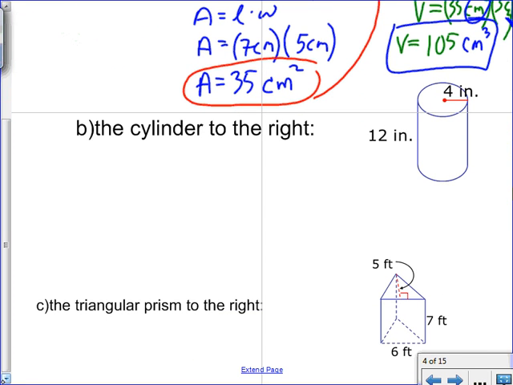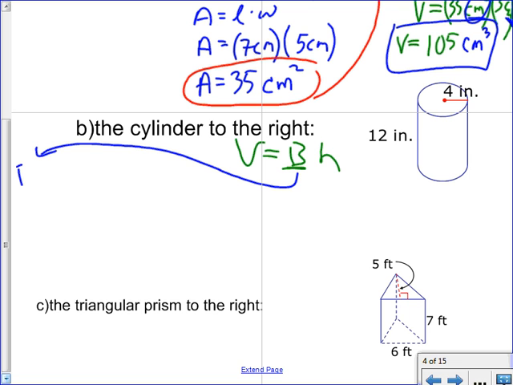Okay? The cylinder to the right is 12 inches tall, with 4 inches as the radius of the base. And so we will start with our formula again. Volume equals base times height. And remember, the base is the area of the base, which we will do separately. Base is equal to the area of a circle.